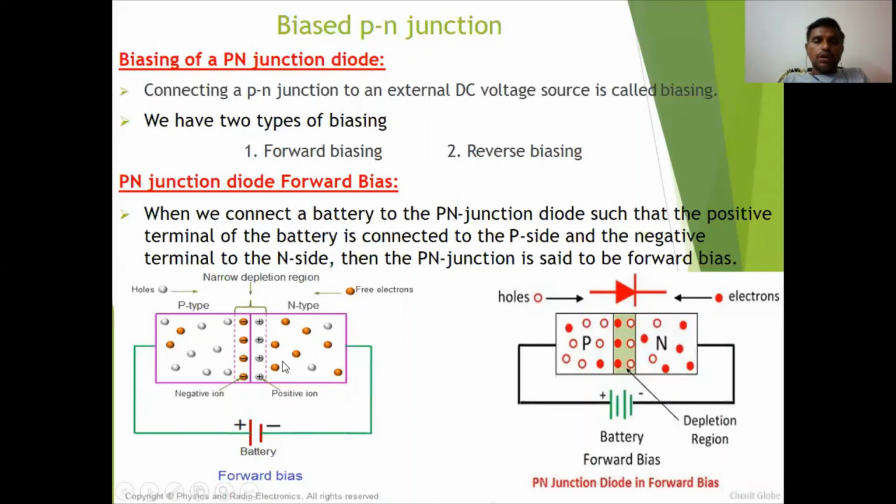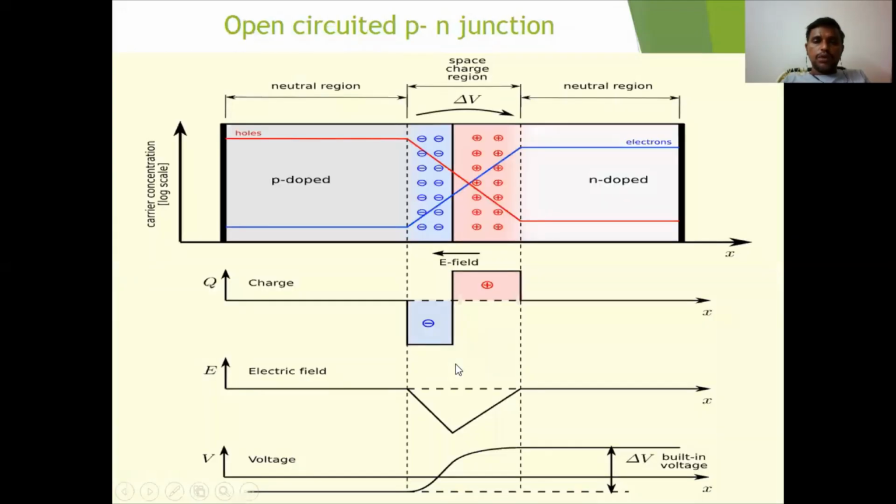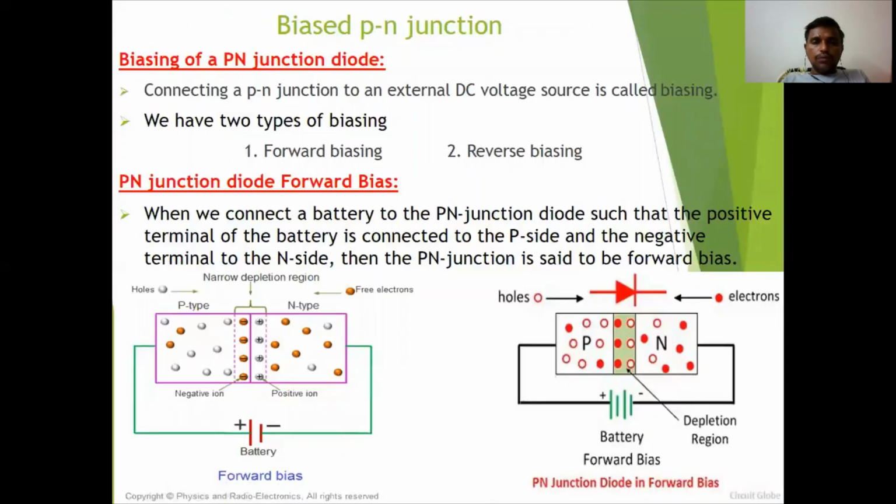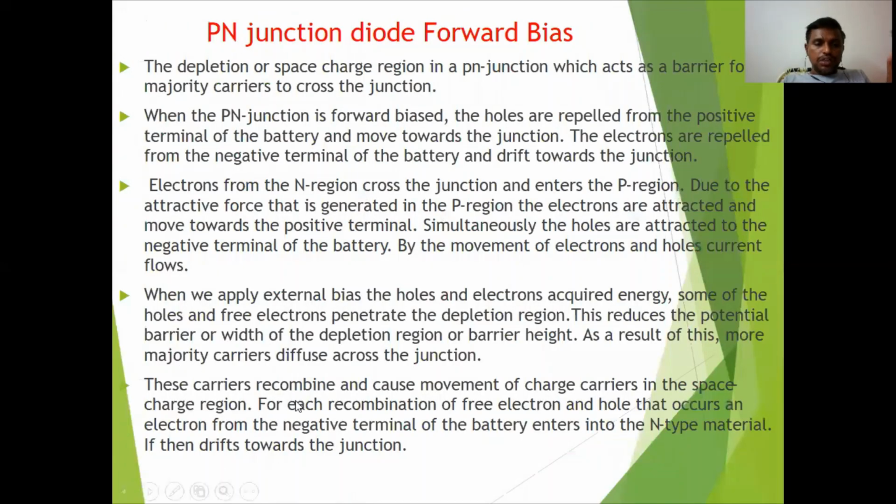So because of recombination, there is a disappearance of electron-hole pairs, but they will be compensated by the negative terminal and the positive terminal. Okay, so that is the point we have. These carriers recombine and cause the movement of charge carriers in the space charge region.